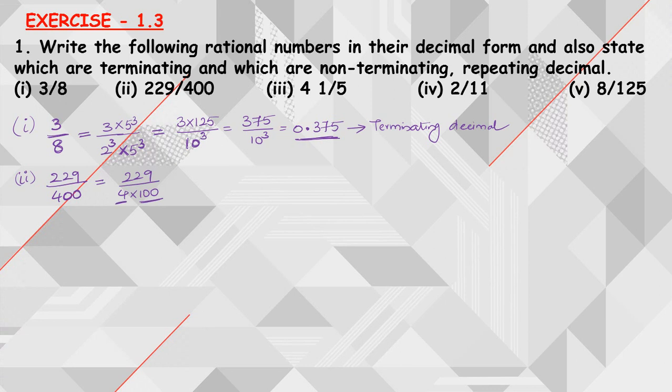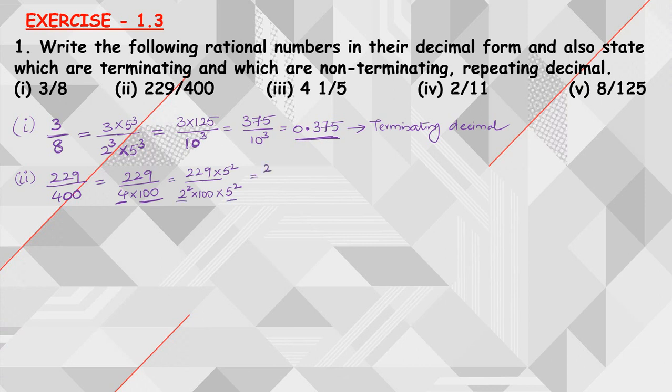This 4 I can write as 2 square. To make the 2 square a 10 square, I can write this as 229 by 2 square into 100, and I am going to multiply with 5 square and divide with 5 square, so that this becomes 10 square.